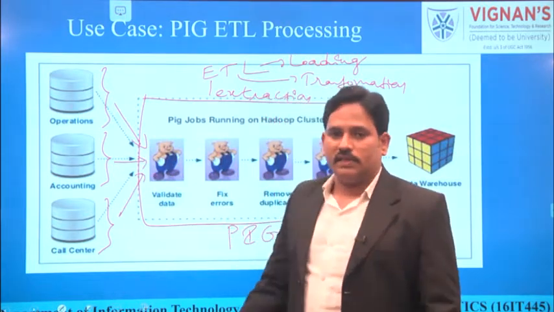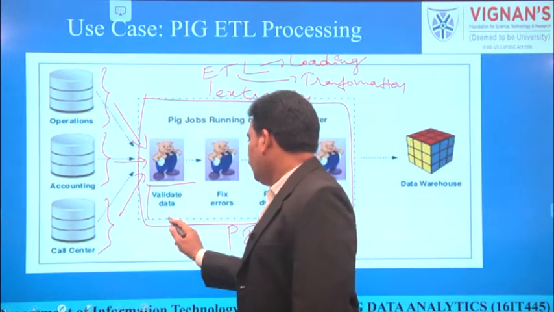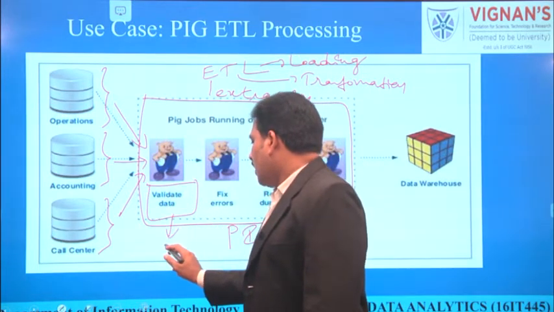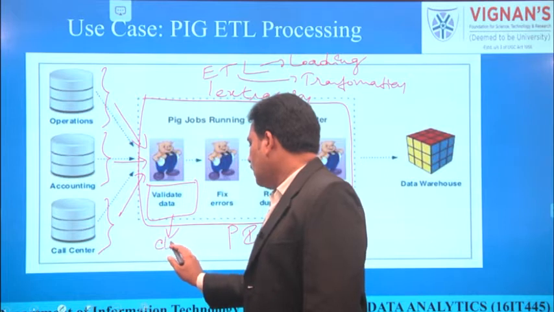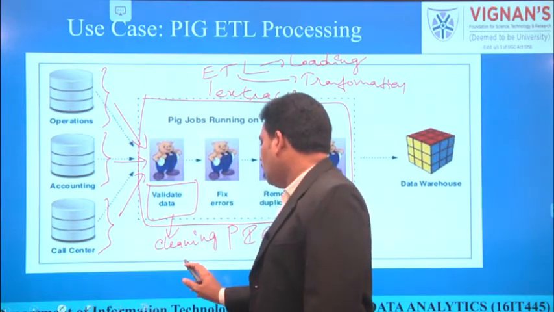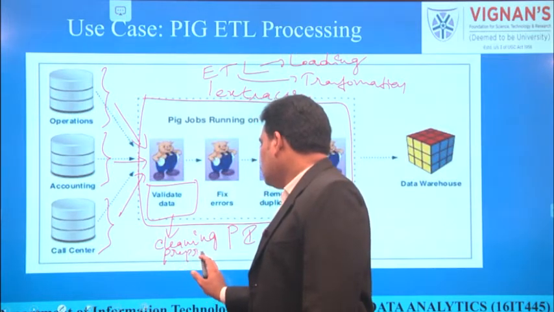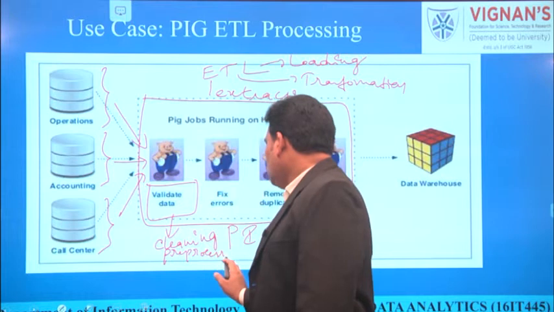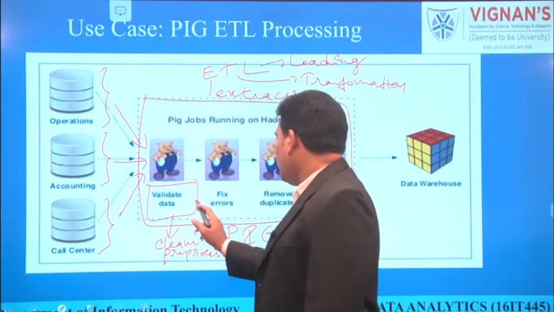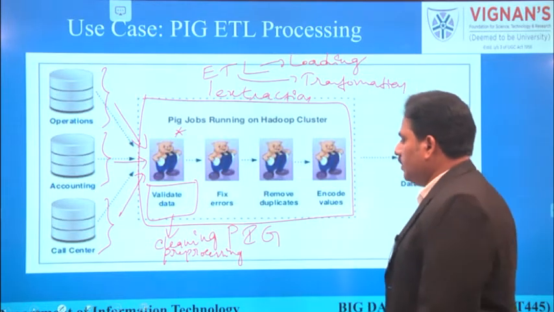Once data has been extracted or collected, data validation has to be done first. Validation in the sense that data pre-processing activities are carried out, like data cleaning operations and all remaining data pre-processing operations, which are completed in this first module or first activity.